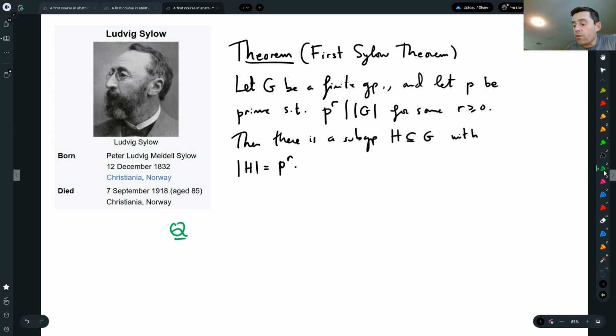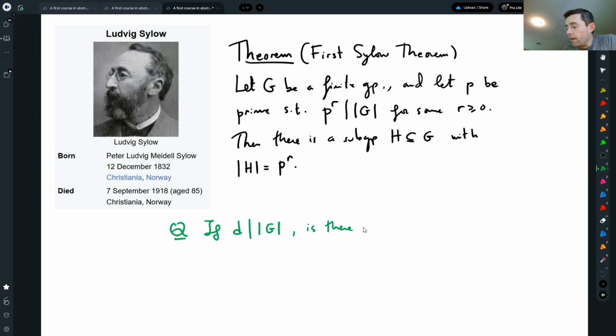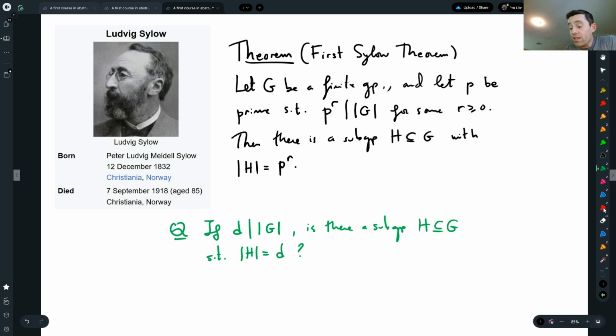But what about the converse? If we have a divisor D of the order of the group, then is there a subgroup H of G such that the order of the group is precisely D? And in this generality, it is false.